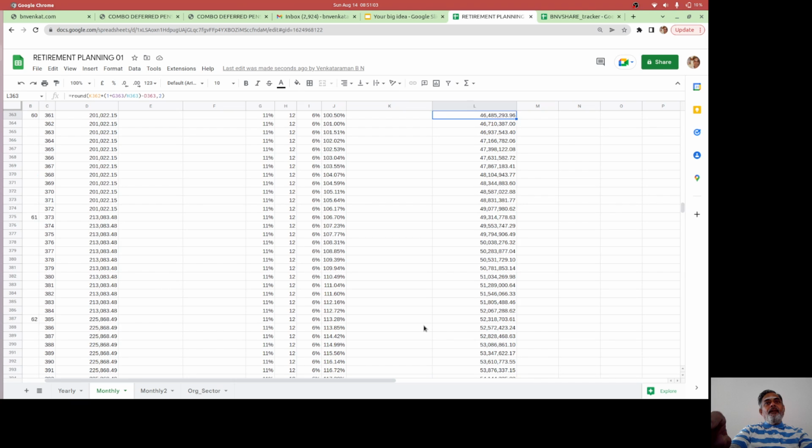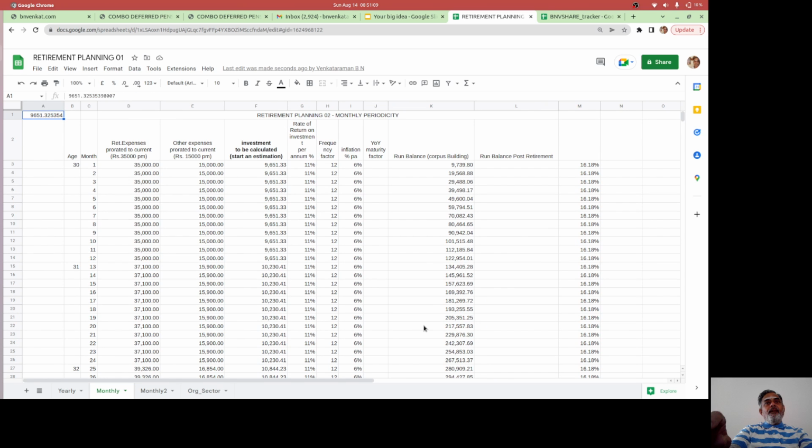Let us see what we have got in the variable field, that is the starting investment: 9,651 rupees 33 paisa, or 6.18% of the total earnings.